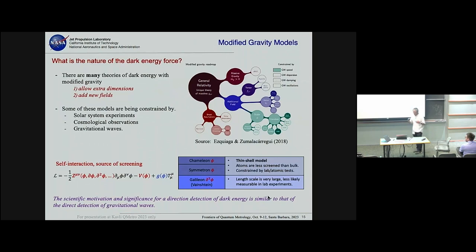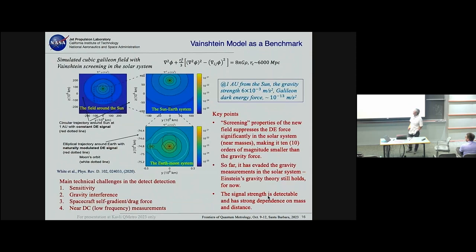But this has a much larger screening radius and is much harder to detect, and because the screening radius is many parsecs, whatever the effect in the solar system is very small. We did some simulation, and this is a highly nonlinear equation, by the way. We collaborate with Caltech fluid dynamics people, who know how to handle nonlinear differential equations, and we find that the possible Galileon force is on the order of 10 orders of magnitude smaller than the gravity force itself.